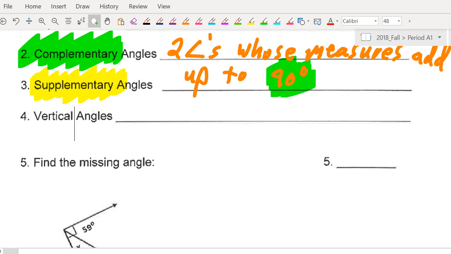Okay, vertical angles. What is the definition for vertical angles? You already answered one. Go ahead. Yeah, but it's on the paper. Nobody can read to me from their paper their definition. I lost mine. You already read one. Go ahead.